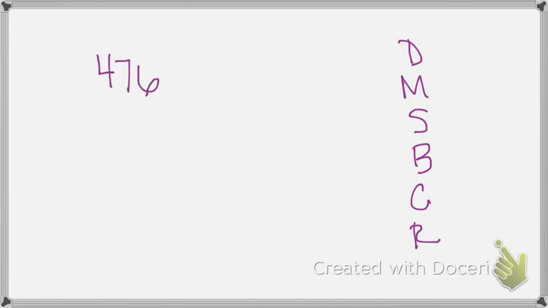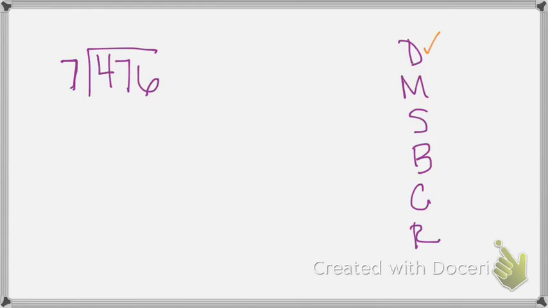Now we're just going to focus on the algorithm. So divide, multiply, subtract, bring down, check for a remainder. Okay, we're going to do 476 divided by 7. And remember, feel free to pause anytime and start working independently. If you feel okay with it and want to give it a try, go ahead. If not, just keep watching.